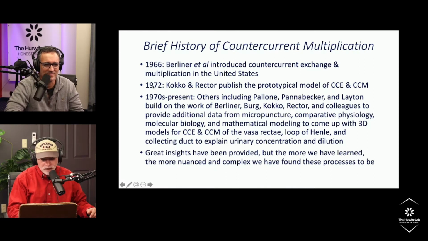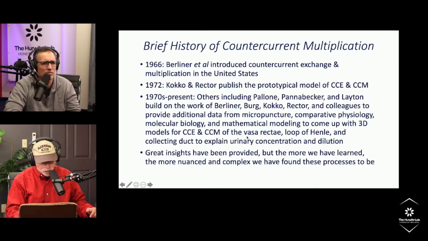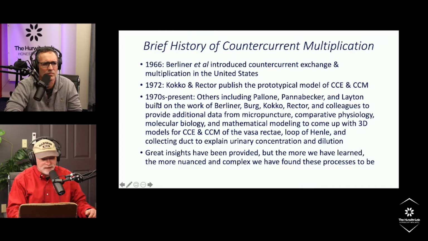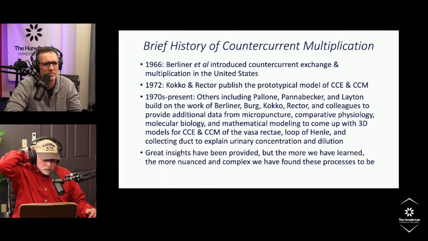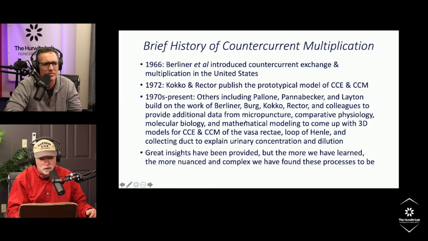And in 1972, and I'll show you some of the pictures, they published the prototypical model of how they thought countercurrent exchange and countercurrent multiplication went on. That really laid the groundwork for all the other work. And from the 70s till now, we have Tom Pallone and Thomas Pannabecker, and Anita Layton, who built on the work of the giants, Berliner, Berg, Coco, Rector, and also used multiple species.